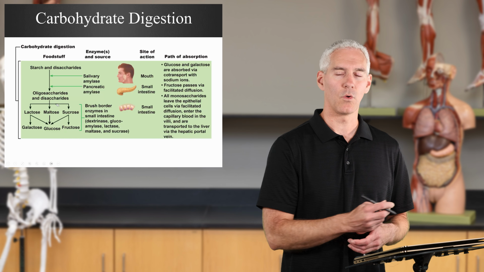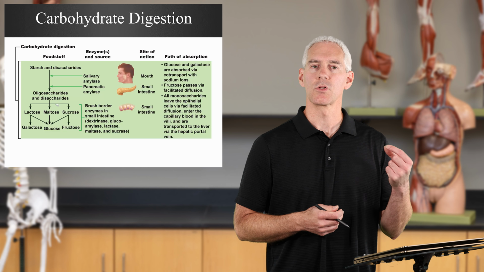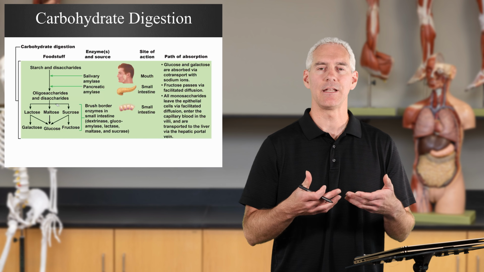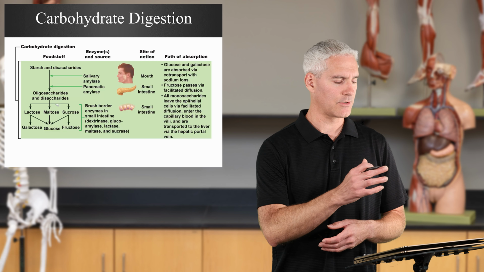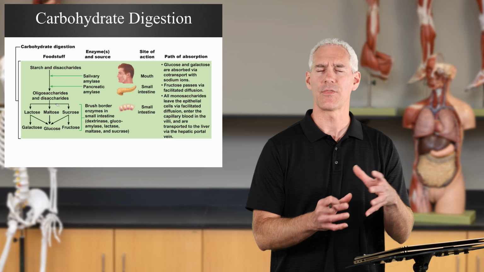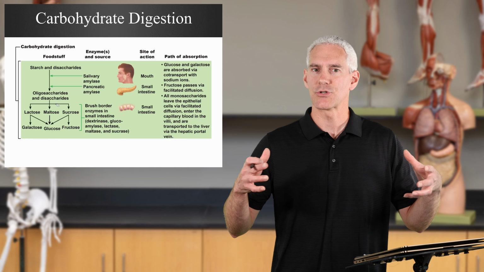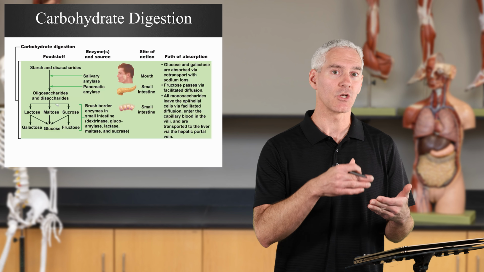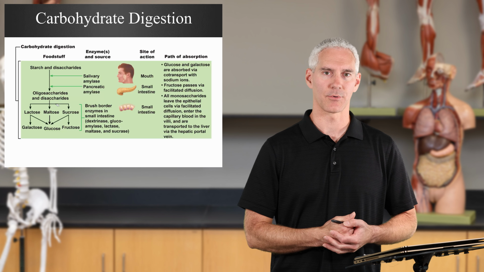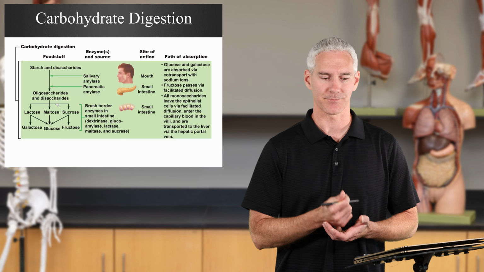Ultimately, the goal is glucose. Glucose is what's used in your cells to produce ATP. Now, sure, you can use fructose and galactose and these other things, but ultimately, you try to convert them into glucose to be the main energy source going into this whole entire process of ATP production.